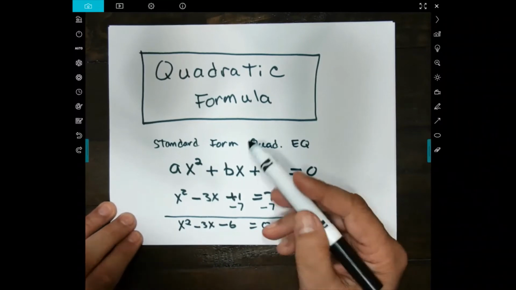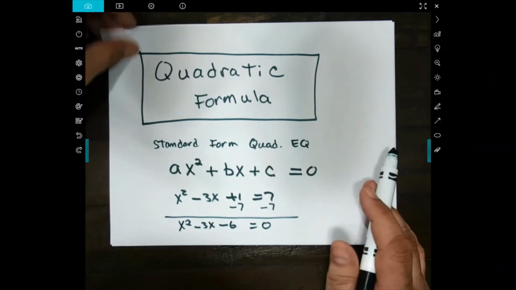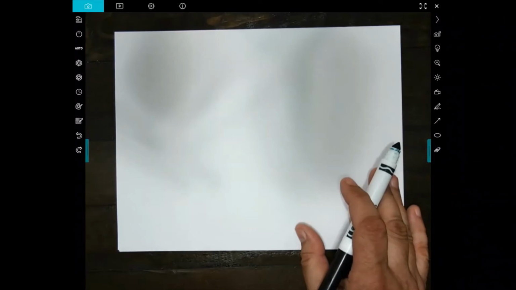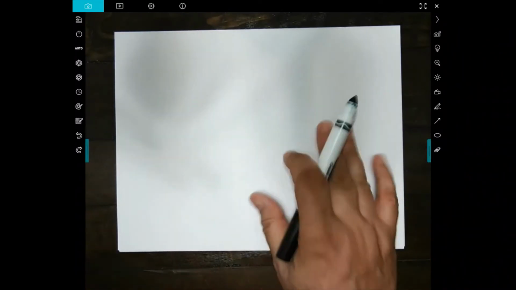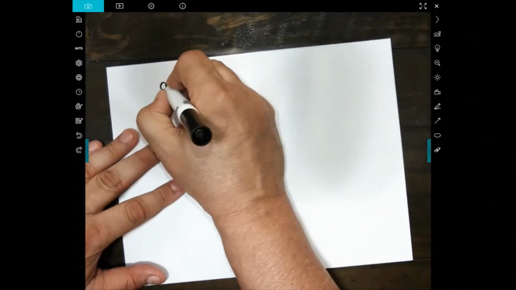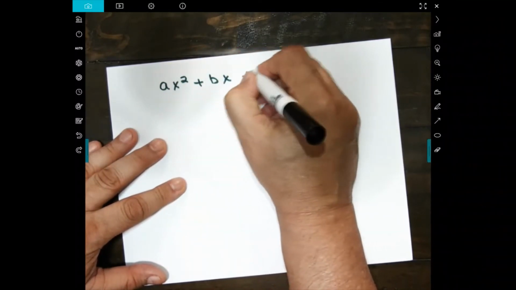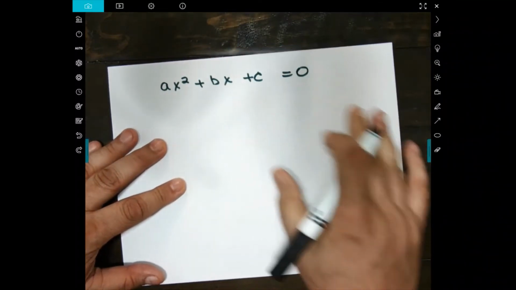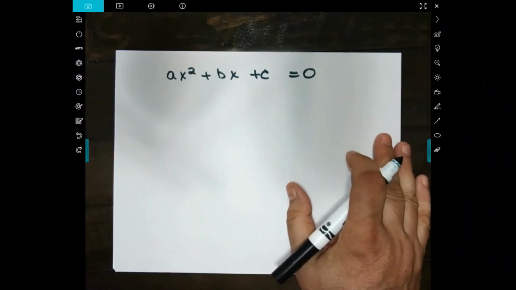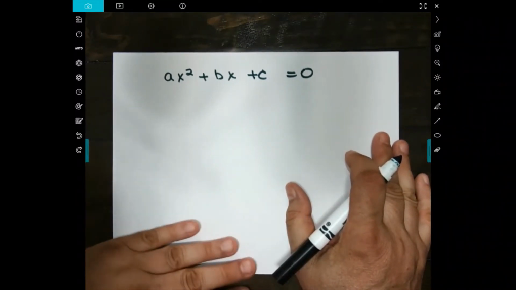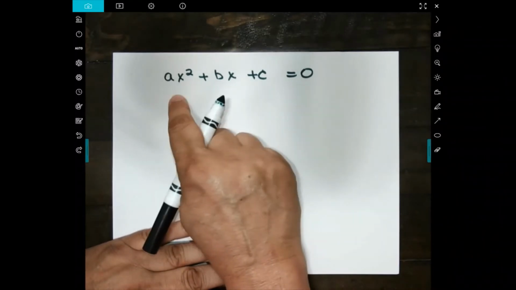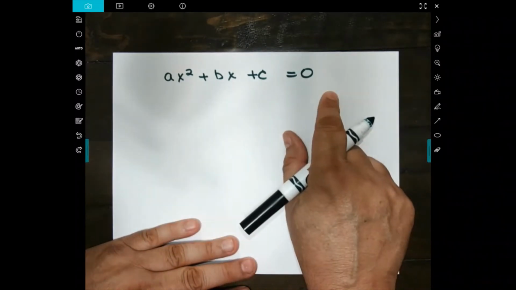But what you need to know, let me go to the next page: ax squared plus bx plus c equals 0. You should have this memorized by now from your factoring days. To solve this with the quadratic formula, you need to know what it is.